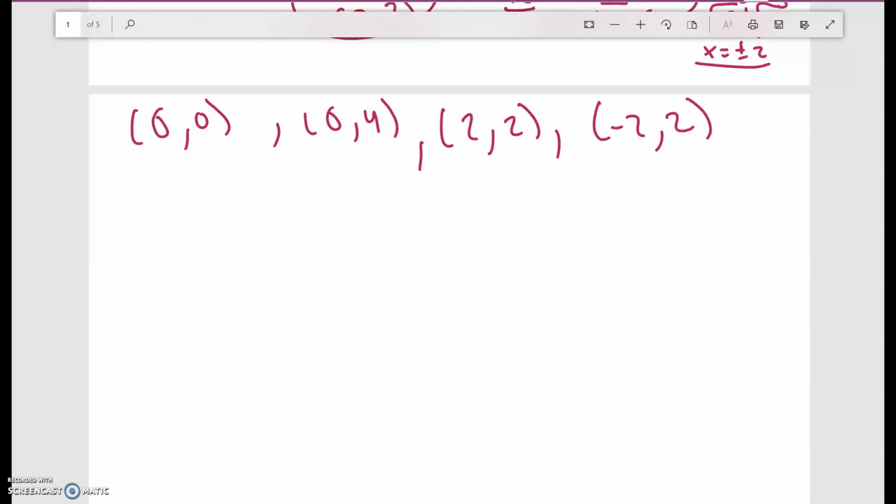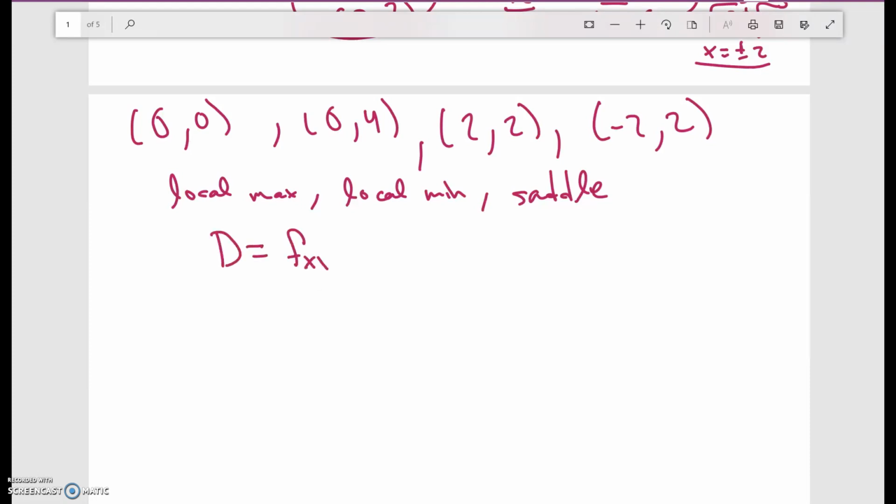Now, these 4 points are either going to be local max, local min, or saddle. Okay, so how do I know that? In order for me to do that, I need to figure out my D value using the D test. So D, if you remember, is equal to f sub xx times f sub yy minus f sub xy, whole quantity squared.